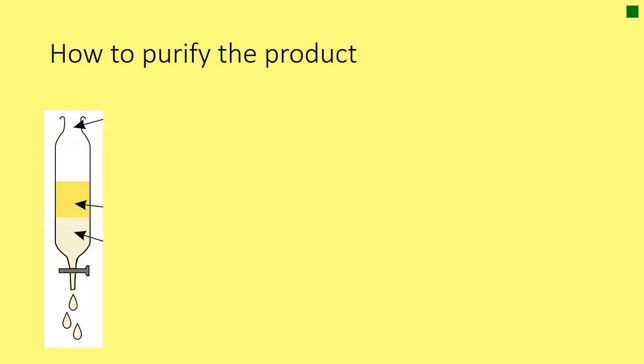And this bit of apparatus that we've got here we call a separating funnel. And it's got a useful tap on it. It's generally used to separate mixtures of immiscible liquids. And in this case, our alkene is likely to be on top, and our water and our water soluble impurities will be on the bottom.